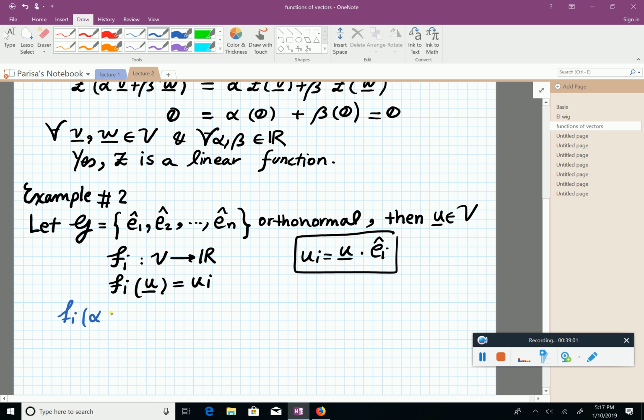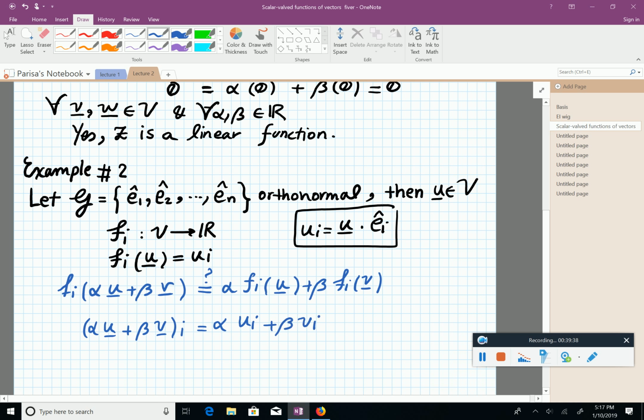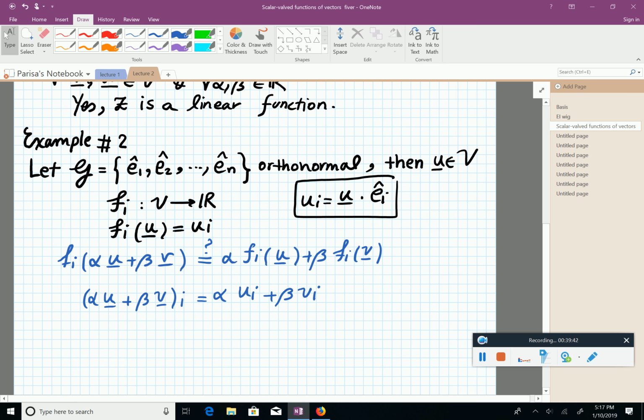So if I take, on the left hand side, you can easily see that this is the case.